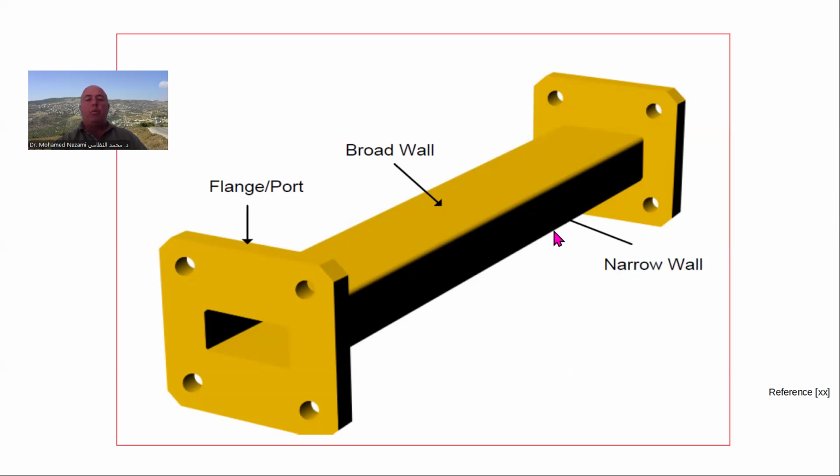And we have the narrow wall, which is this wall. So you either do the slots here or here. These give two different performances, okay? And even two different polarizations, whether you have the slots in here or in here. I'll show you in a minute.